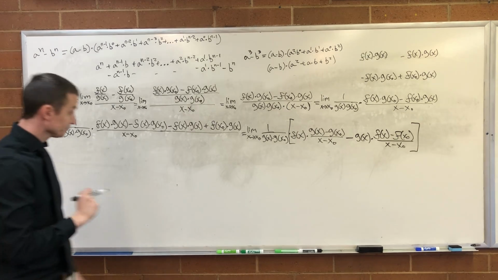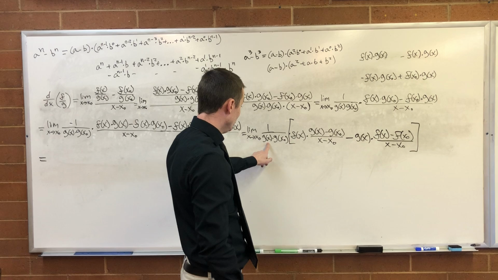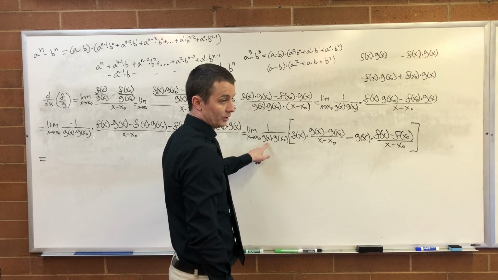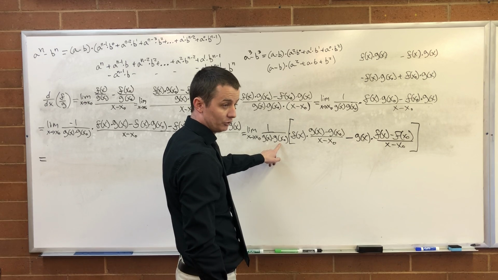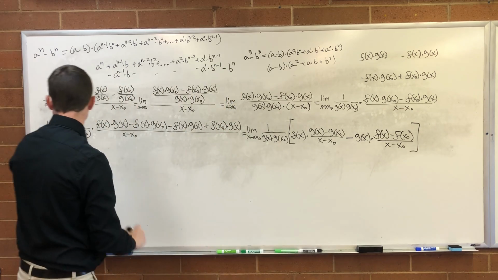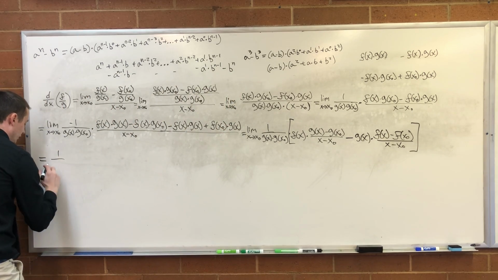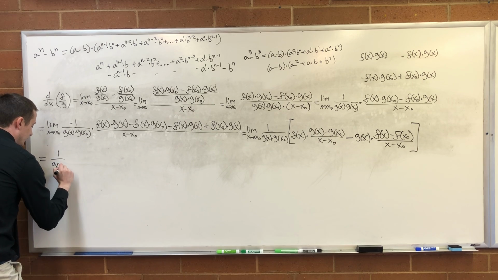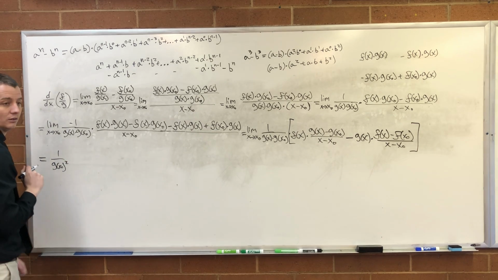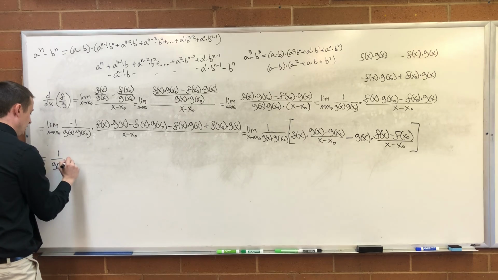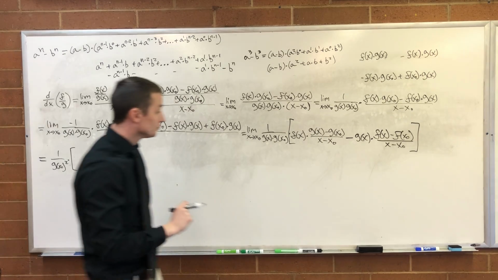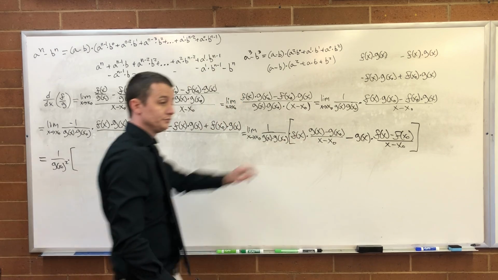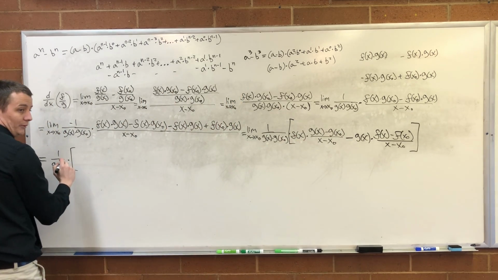What's g of x getting closer and closer to? g of x naught, and this is also g of x naught. So that's going to be 1 over g of x naught squared, times a bracket here. What's that?